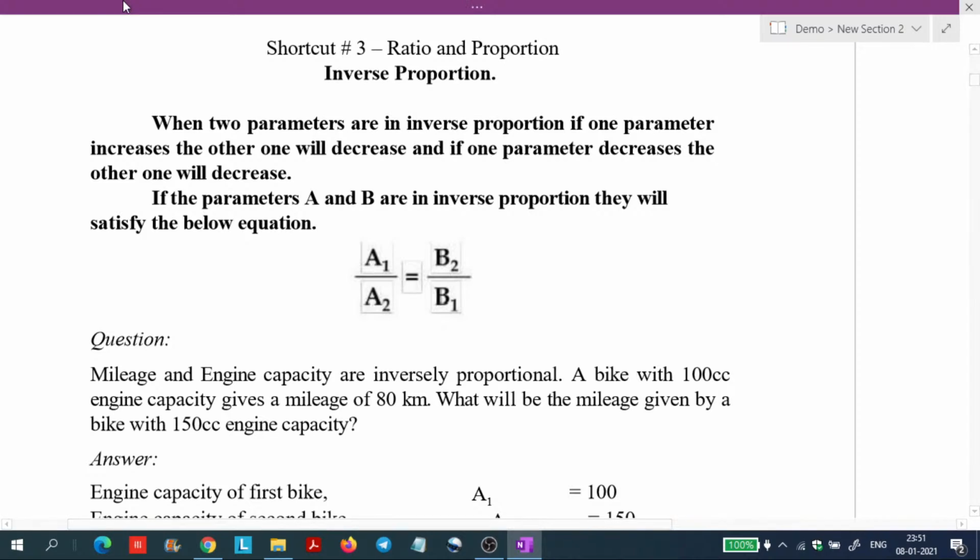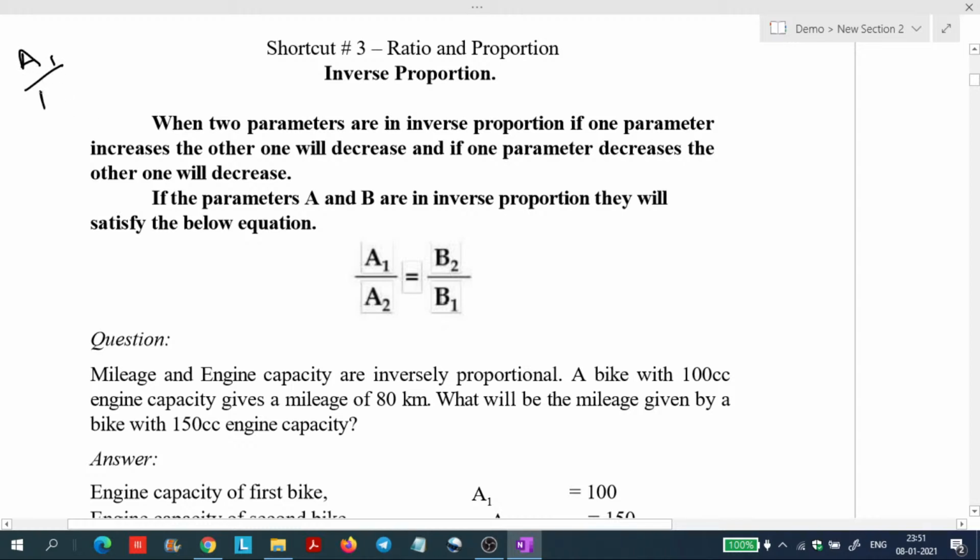So one more concept in ratio and proportion. The previous one was direct proportion, where A1 by A2 equal to B1 by B2. Now this is inverse proportion.